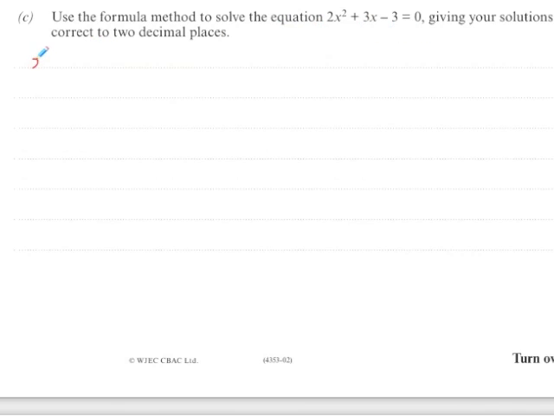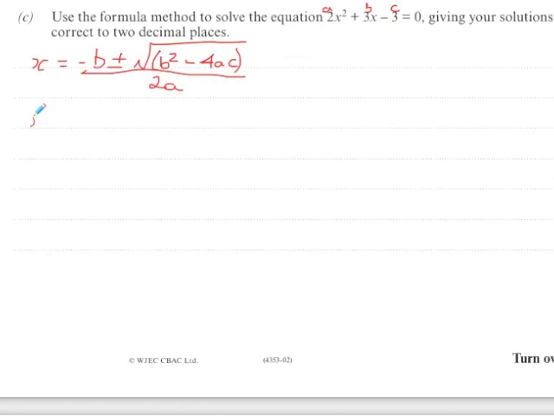The formula is x equals minus b plus or minus the square root of b squared minus 4ac, all over 2a. Now what are the ABCs? A is going to be 2, B is going to be 3, and C is going to be minus 3.